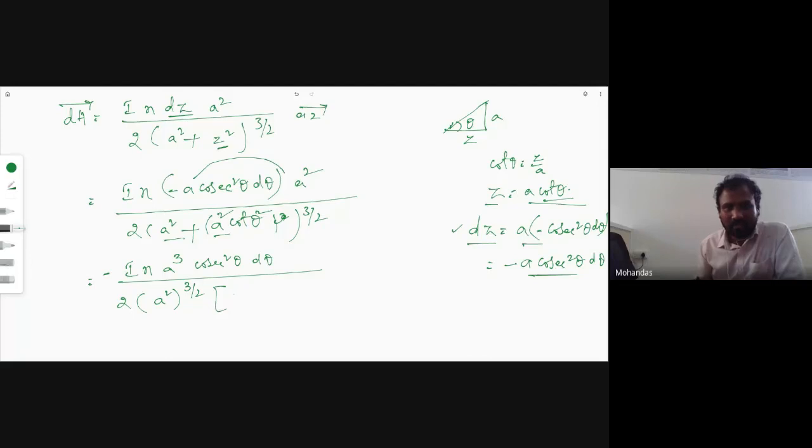Inside the bracket, what remains here? 1 plus cot square theta, whole to the power of 3 by 2. So what is the value of 1 plus cot square theta? How to write 1 plus cot square theta?